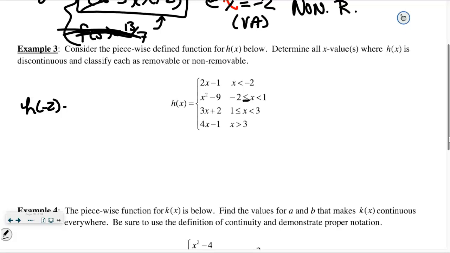So I'm just going to write h of -2 exists. I'm not going to say which it is. So we're good. So far I know that there is a solid dot at the transition. But now I have to make sure that I don't have that kind of a transition. So what do I do? I take a limit.